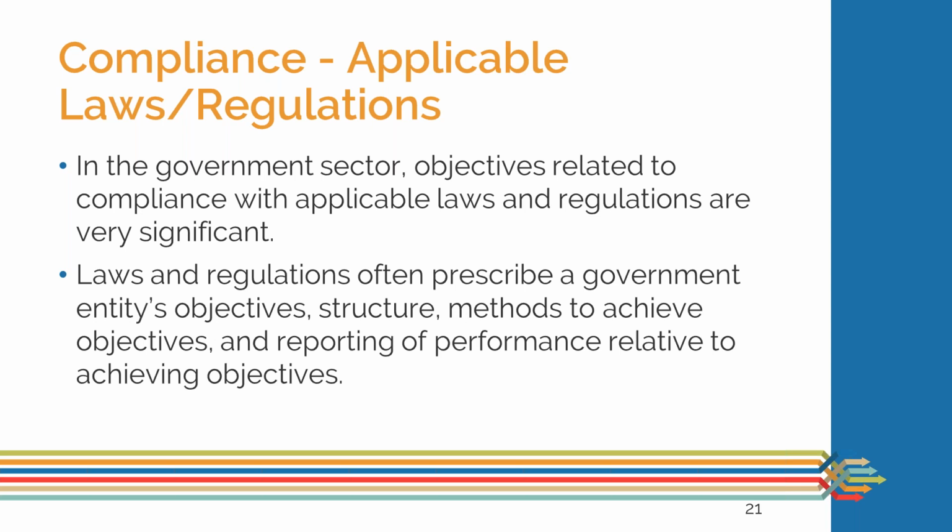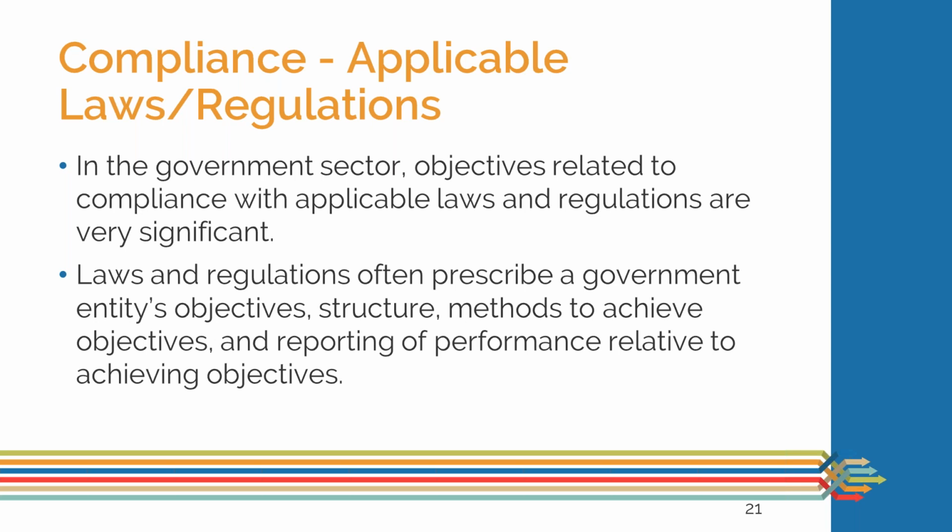When we get to compliance for laws and regulations, we're talking about the federal grant award. This part of compliance is set up a lot for governmental sectors, but it's also for nonprofits, to make sure that you're in compliance with the applicable laws and regulations that are very significant for the organization, to ensure that they're providing the work that they're required to do and are in compliance with all the standards that they need to meet for that grant.